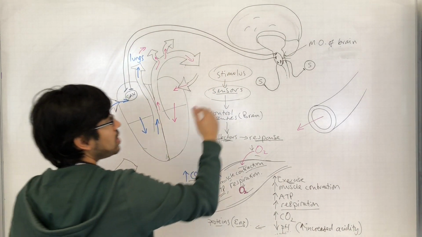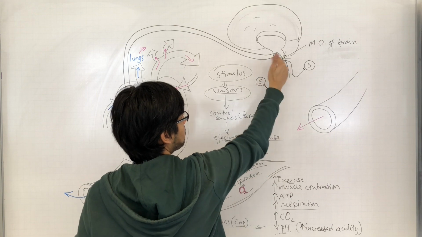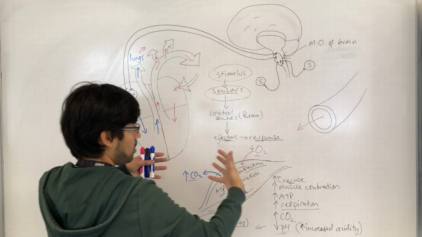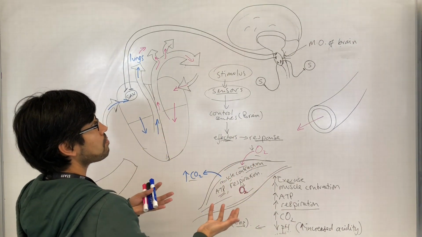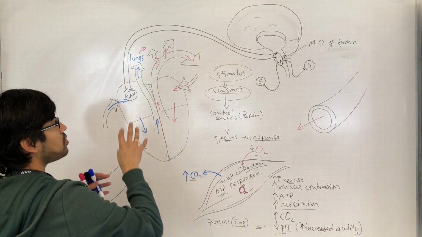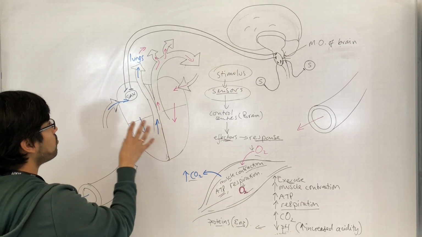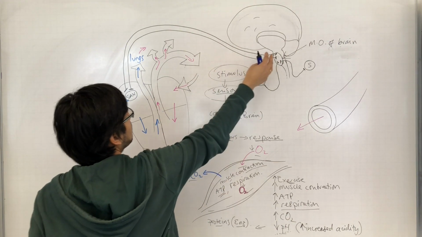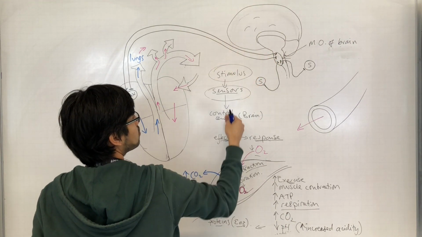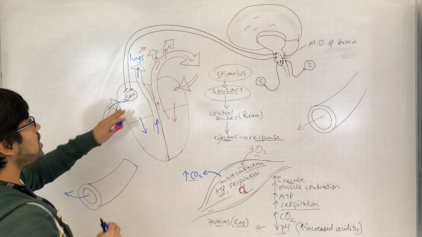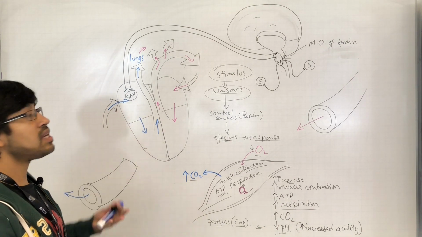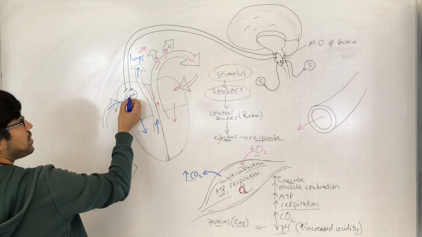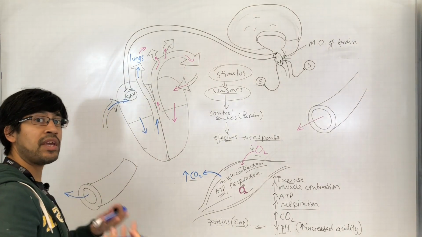Now, when the impulses are relaying the information that there's more exercise happening, then the response has to be to increase the rate of the heart. Now, how does that happen? The control center has to be able to increase the heart rate and decrease the heart rate. So we recall that the SAN is essentially the pacemaker of the heart.